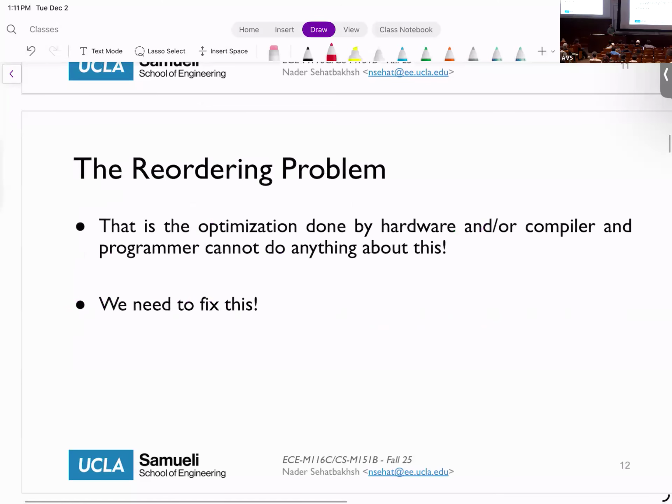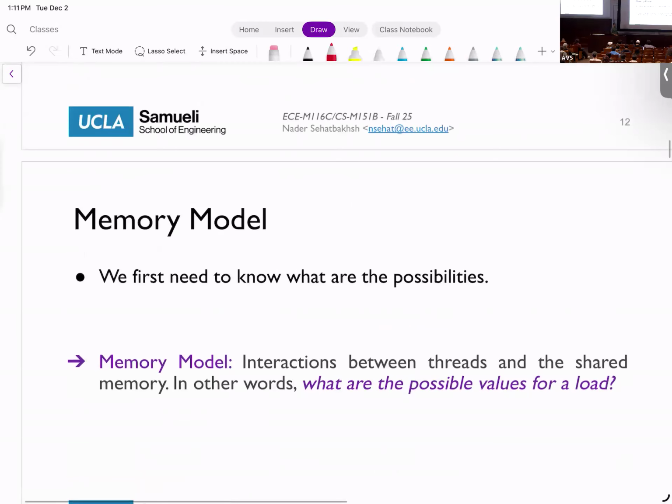How do we fix this problem of reordering? We fix it by having what we call a memory model. So basically, telling the programmer what is possible and what is not possible and enforcing this, then the programmer will understand the memory model and write their program based on it. The complex thing about parallel programs is that what you write for one specific hardware is not applicable to another hardware. It's not like your regular C or Python programs that you compile on ARM and it works, and then you compile on x86 and it works.